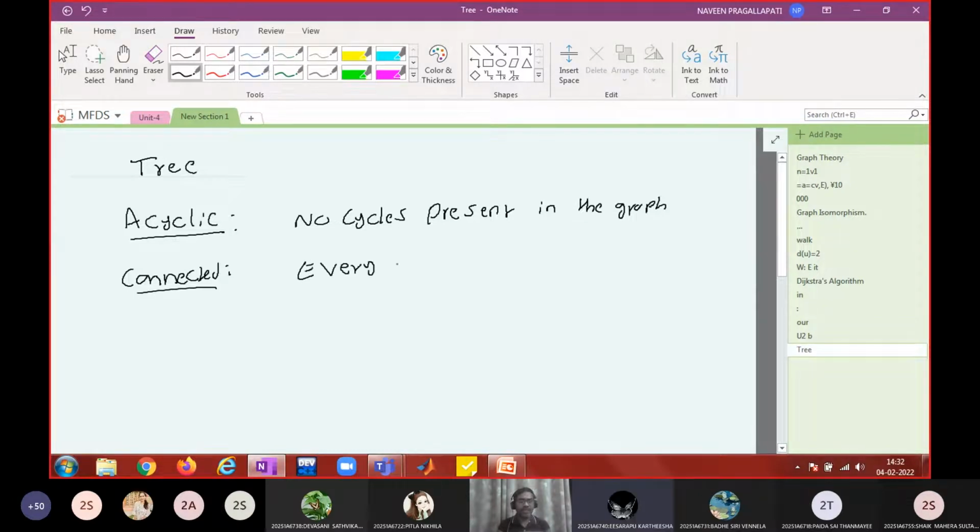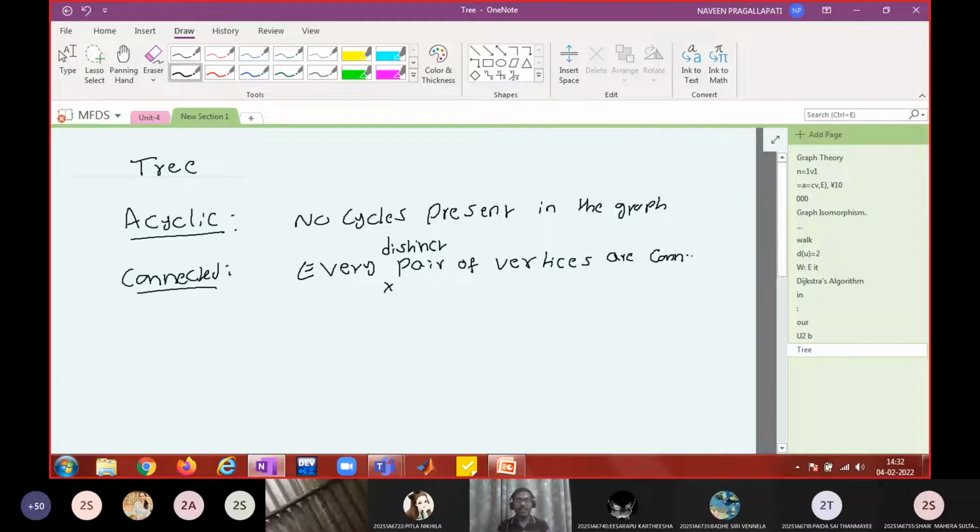If there is a path between every pair of vertices, or you can say every distinct pair of vertices, adjacent or connected. What do you mean by connected? When do you say two vertices are connected? If there is a walk from one vertex to the other vertex, then we say those two are connected. Am I right?